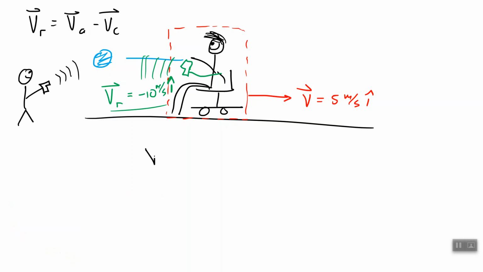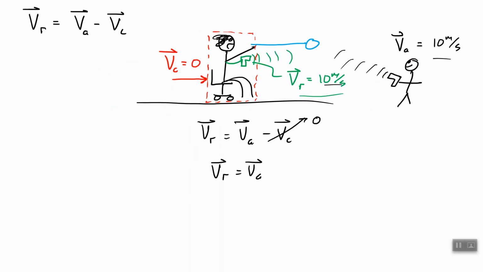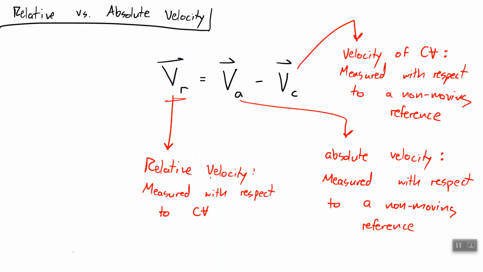Right, well, let's figure that out. VR equals VA minus VC. Well, the relative velocity, again, is the speed with which the ball crosses the boundary. Right? So the relative velocity is the velocity measured with respect to the control volume.